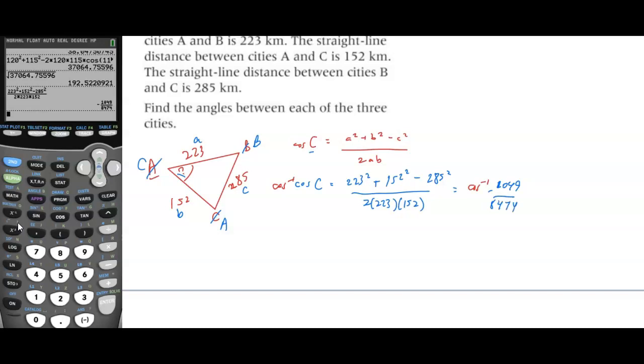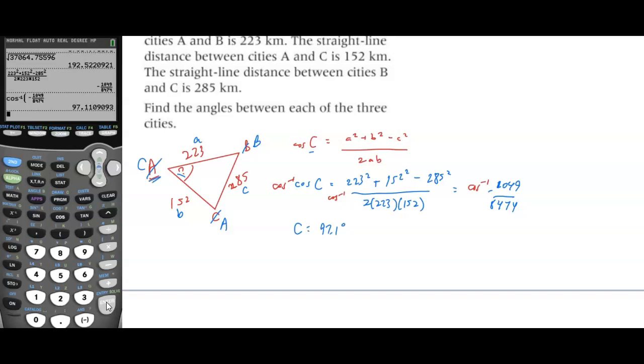So we're going to do inverse cosine on this, right? Negative 1049 divided by 8474. Let's do inverse cosine on that. Second inverse cosine. Grab the fraction. The answer is 97.1 degrees. So blue C is 97.1 degrees, and that is this angle A that we wanted to know.